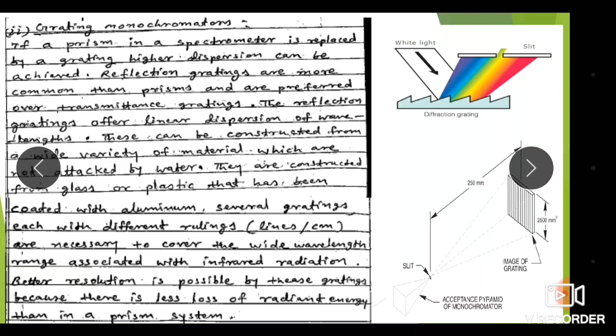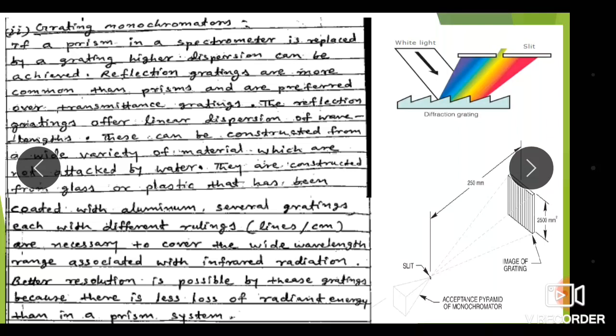Due to the different types of ruling lines per centimeter, here I am trying to show what a diffraction grating or reflection grating looks like.